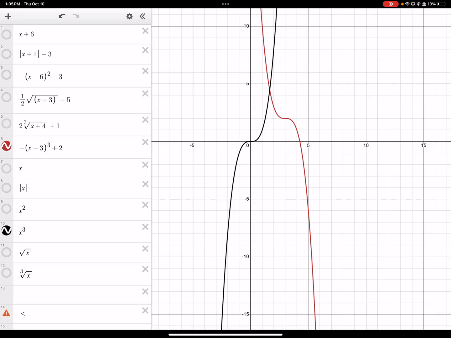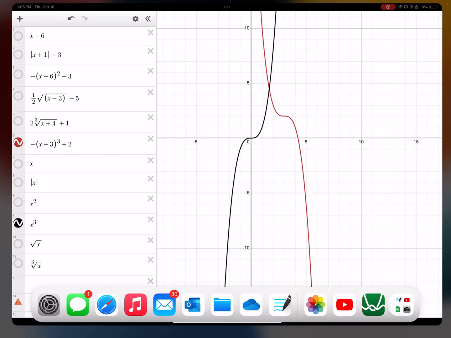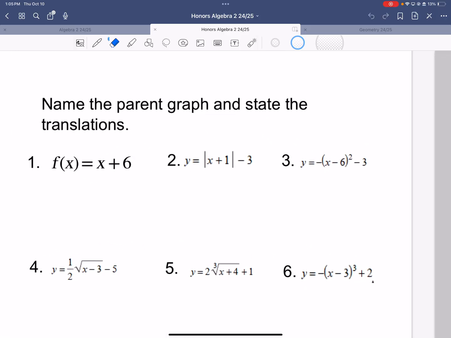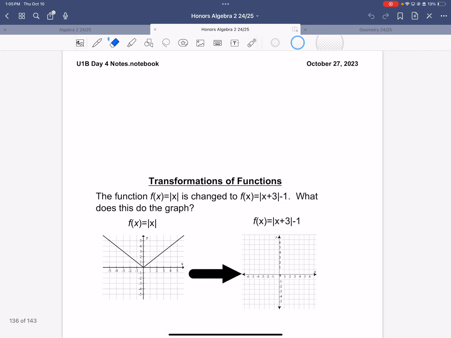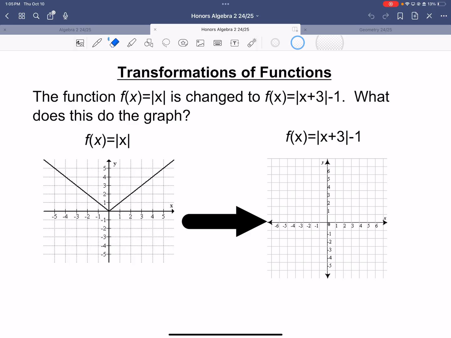Questions with those so far? Okay. Let's look at just a couple more and we'll call it a day. We've got f of x as our parent function.